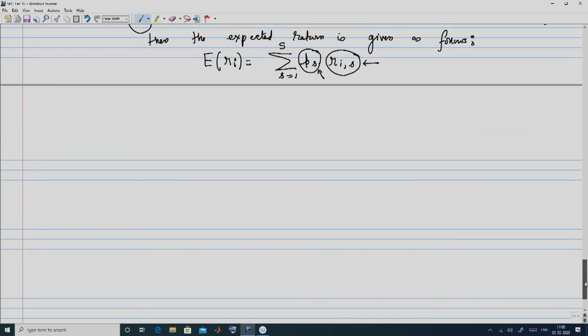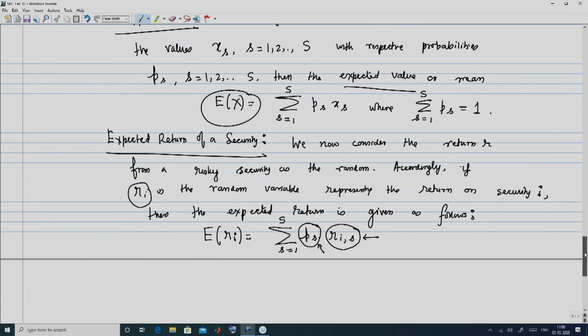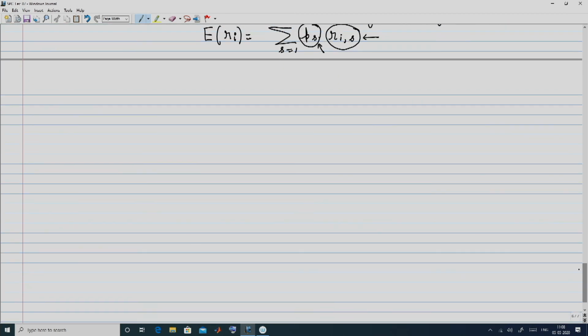Okay, now coming back to this general discussion. So, here I have calculated the expected return. Now that we have talked about expectation and the expected return of the security, we move on to the next pillar of the Markowitz model, namely the risk.